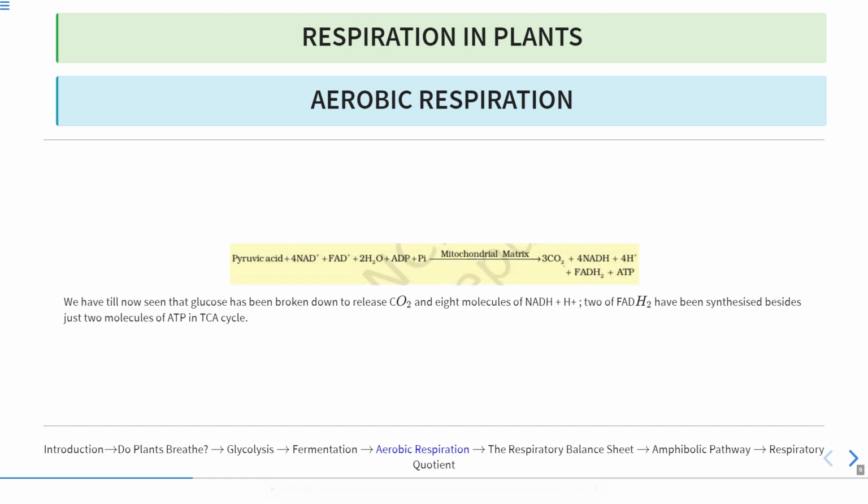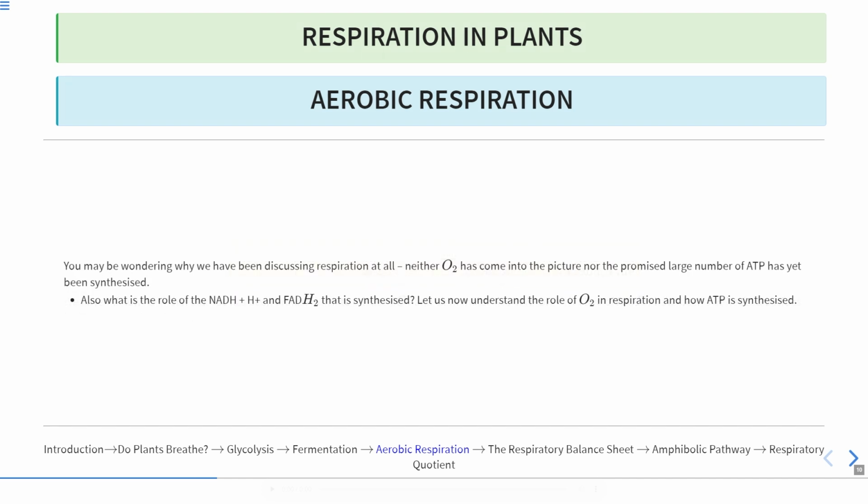In the same way, 2 FADH2 molecules have been synthesized, beside just 2 ATP in the tricarboxylic acid cycle. So this is the overall conversion of glucose to the end product of the tricarboxylic acid cycle.